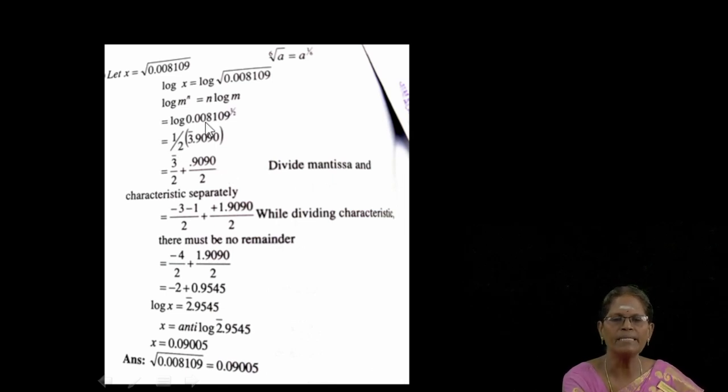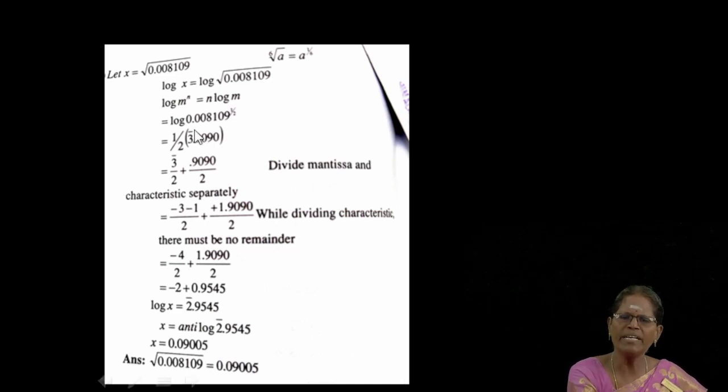Here the number is 0.00, so the characteristic is minus 3. Minus 3 can be written as bar 3. And the mantissa value is 0.9090.